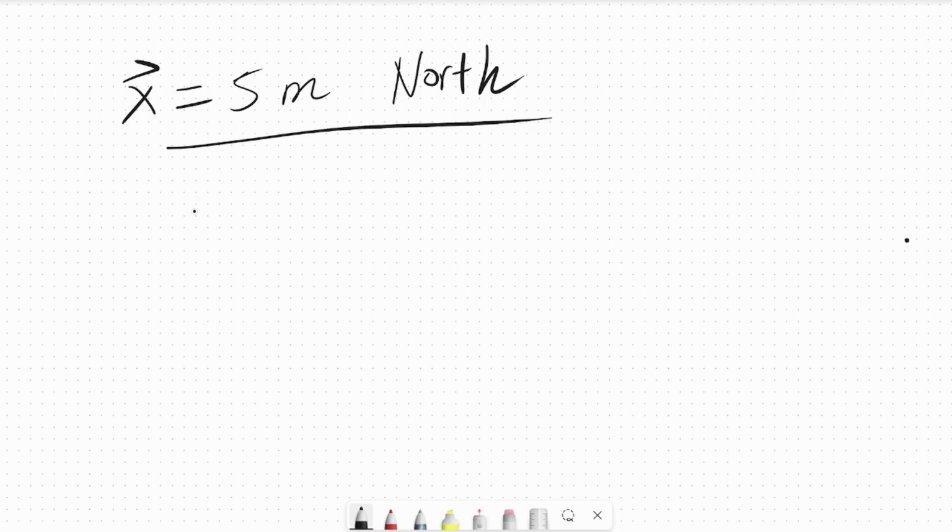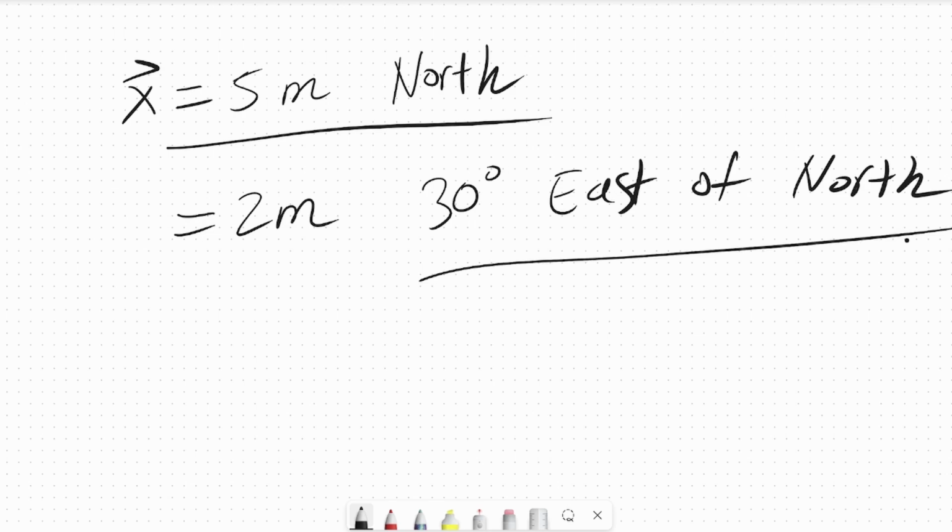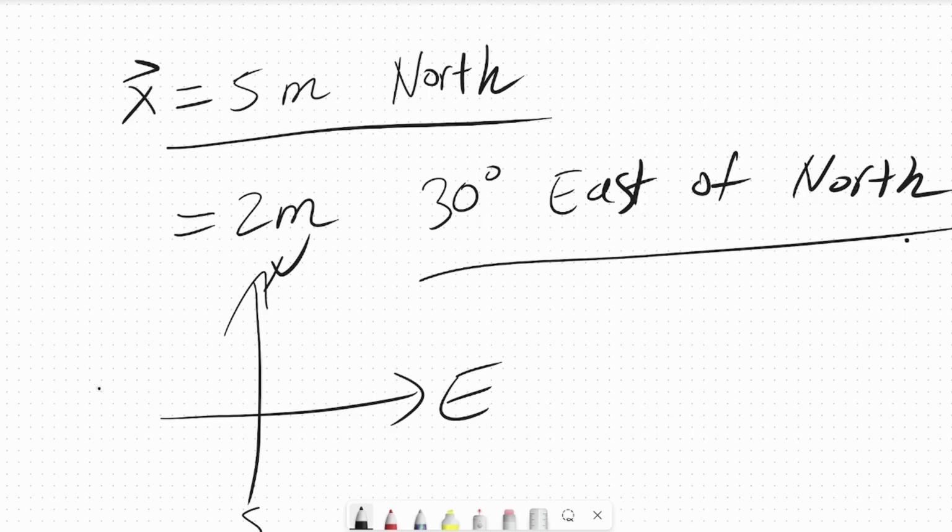Or I could also write this as 2 meters, 30 degrees east of north. This would also be itself its own vector. It would just be if you draw your east, north, south, west, this would just be 30 degrees east of north. This would be your vector with a length of 2 meters. That would be your vector.